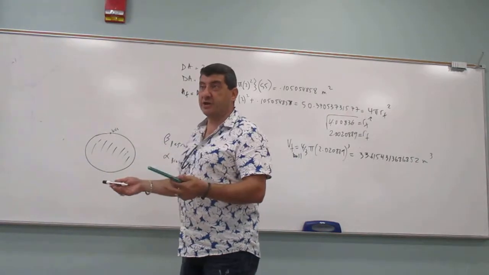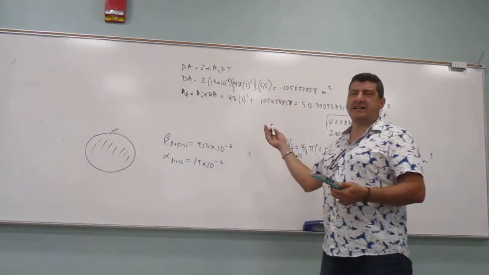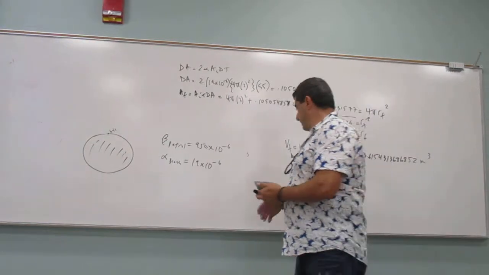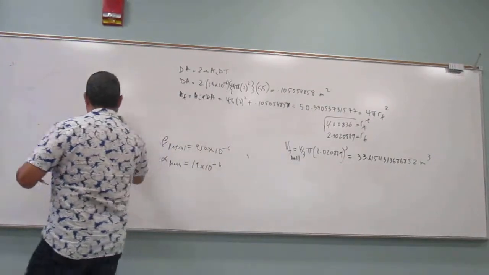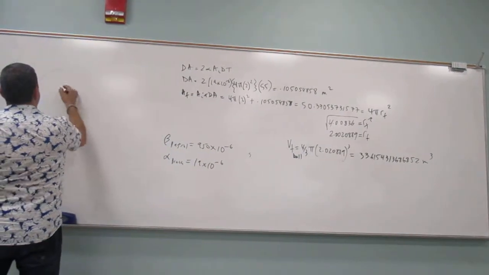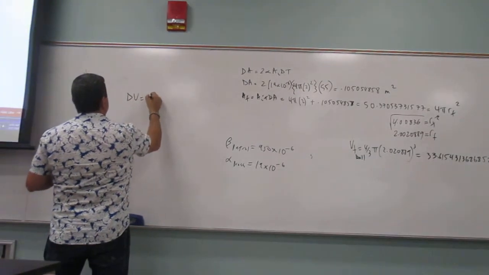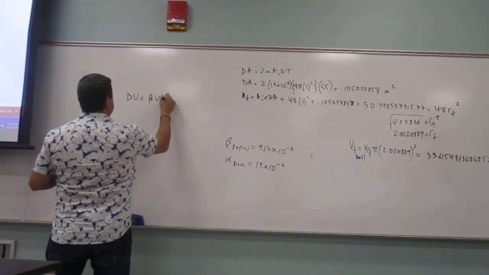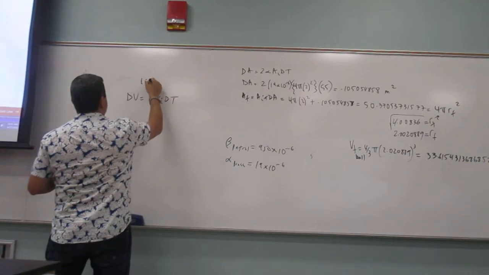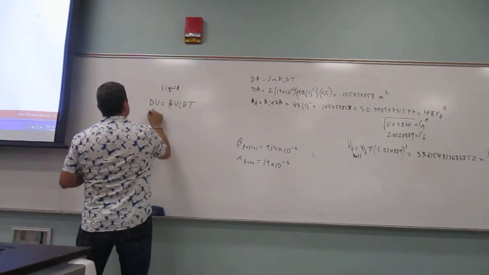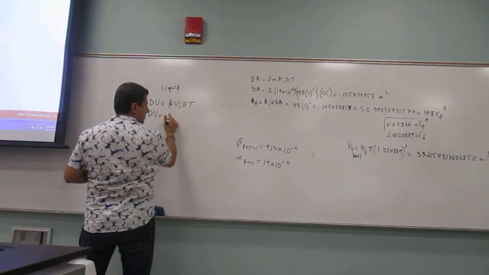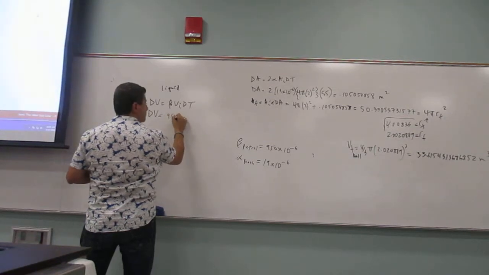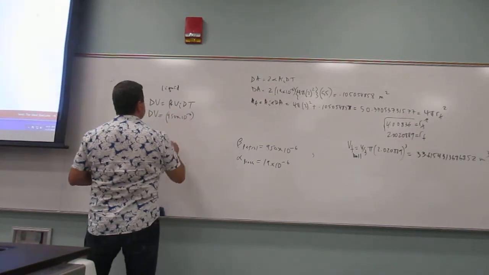And then the change in volume of the liquid, we're going to use beta V initial delta T, right? So delta V is going to be beta V initial delta T, for the liquid. Beta is going to be what? 950 times 10 to the minus 6.